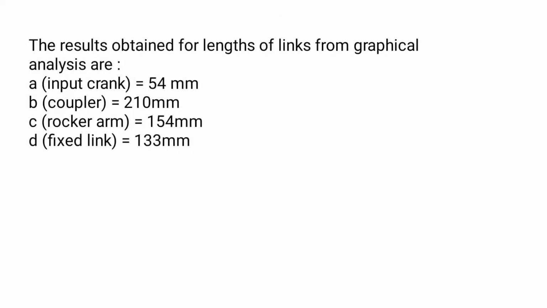The results obtained for the lengths of the links from graphical analysis are the length of the input crank A, that is OA-A2, is equal to 54 mm. The length of the coupler as taken from the reference model is 210 mm. The length of the rocker arm C, that is B2OB, is equal to 154 mm, and the length of the fixed link D, that is AOB, is 133 mm.